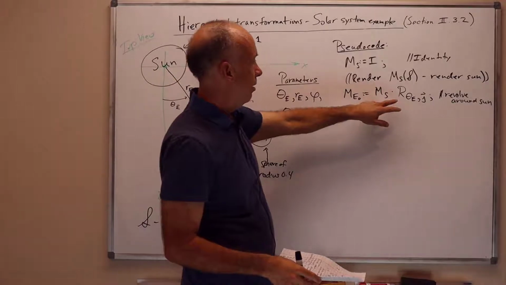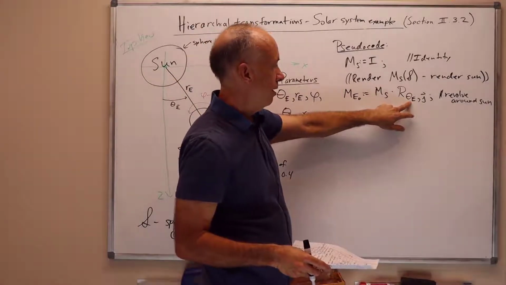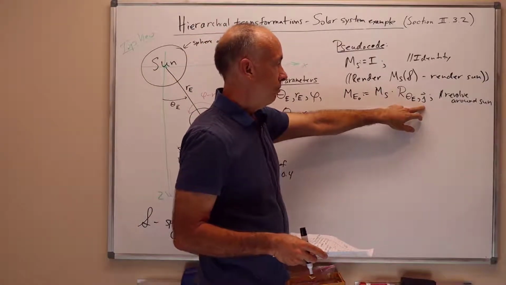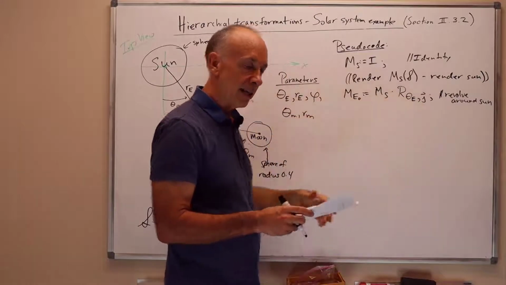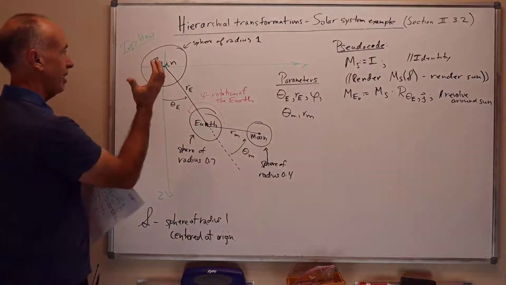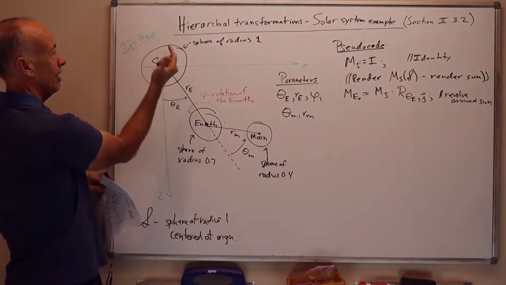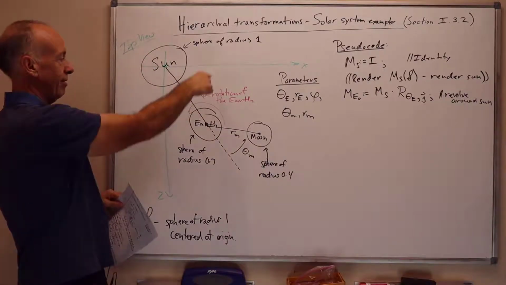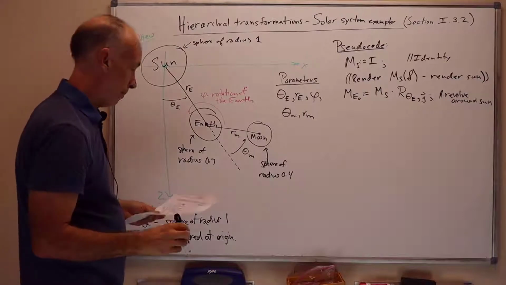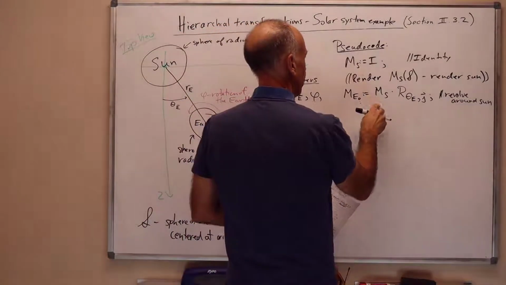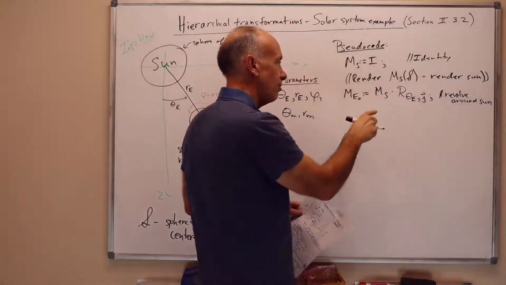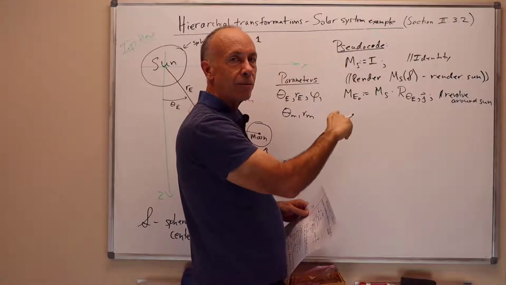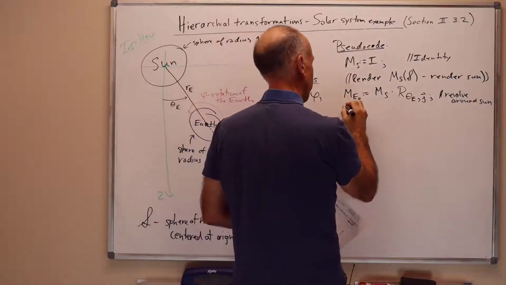And we're using R, rotation with angle theta sub e, with the right-hand rule rotating around the j-axis. So remember the right-hand rule: we grab onto the j-axis with our right hand. The curl of the fingers gives us the direction of the rotation. And so, in fact, that is the way that theta e is measured. And so we notice we came off of m s. So m s controlled the placement of the sun. This way, if the sun were to move, the Earth would follow it.